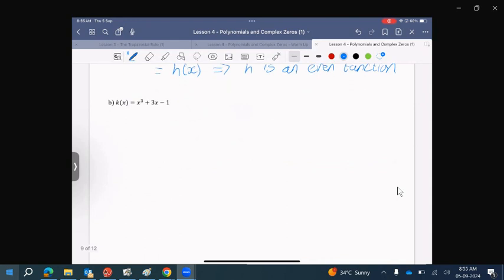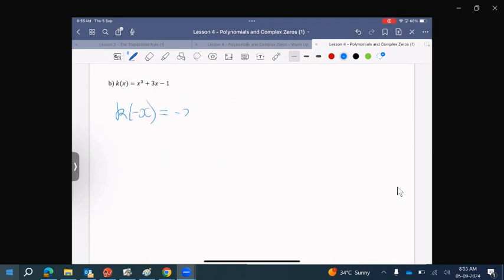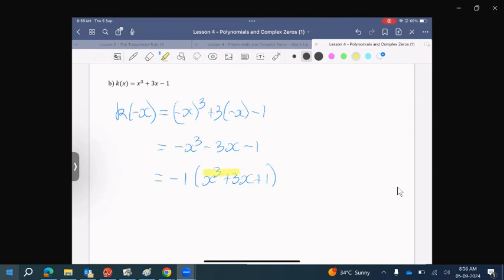Let me try the last one. So we start with k of x. We enter in negative x. This gives us minus x cubed plus 3 bracket negative x minus 1. Opening the brackets, we get minus x cubed minus 3x minus 1. If we factor out the minus 1 here, we get minus 1 bracket x cubed plus 3x plus 1. Now inside this bracket is not quite this.